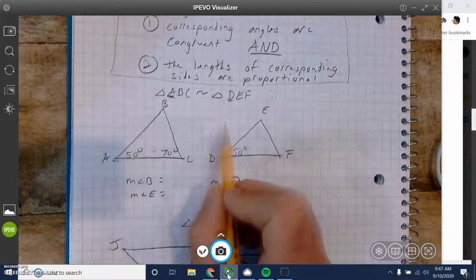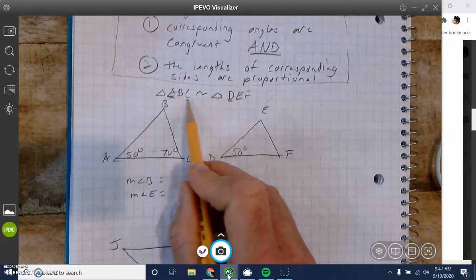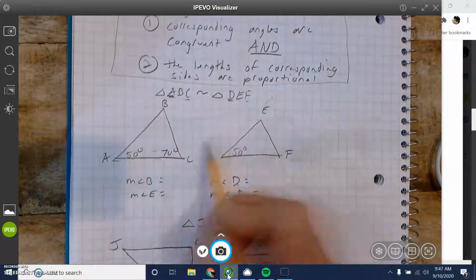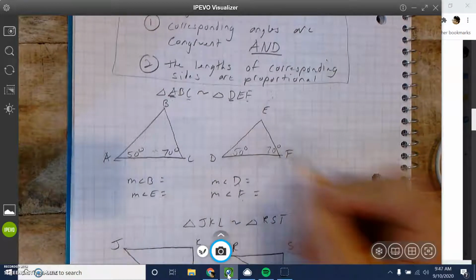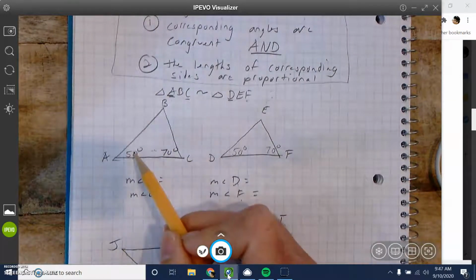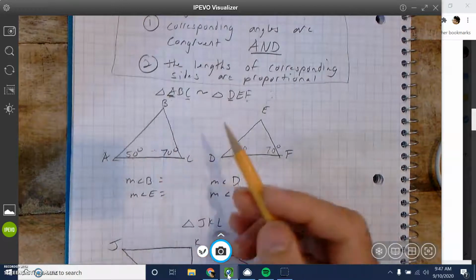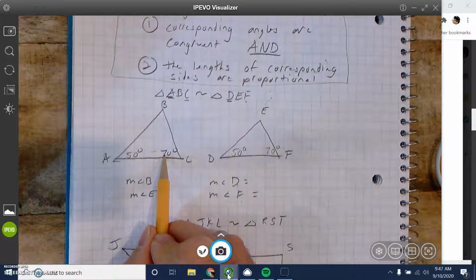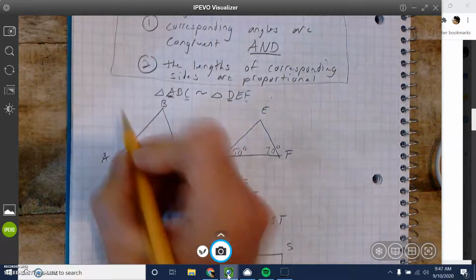Now see C right here. C is the last in this statement, and so the last in this statement is F. And so F right here is also 70. And so how do I get B? Because I asked you for B also. Well, all the angles in a triangle add up to what? Yeah, 180. So 50 plus 70 is 120.